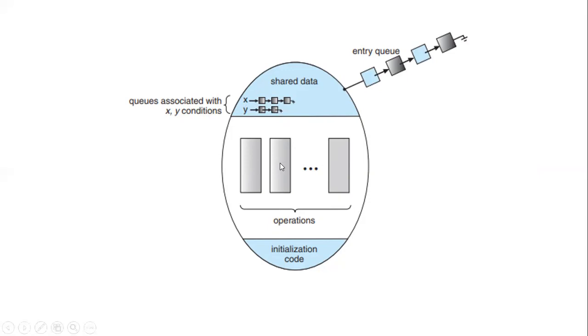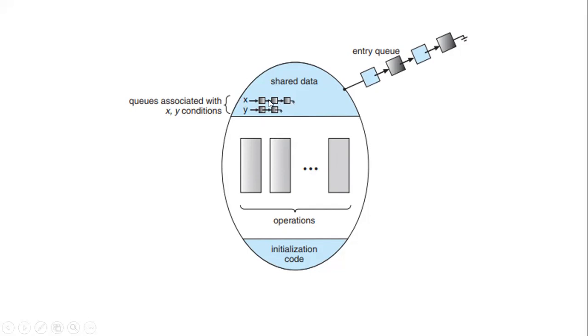Suppose a process P1 is executing inside the monitor. While executing inside the monitor, P1 got blocked on some condition. Since P1 is inside the monitor, another process cannot enter the monitor. So in such a case, P1 will execute cwait on the condition variable, and it will be put into the queue associated with that condition variable.